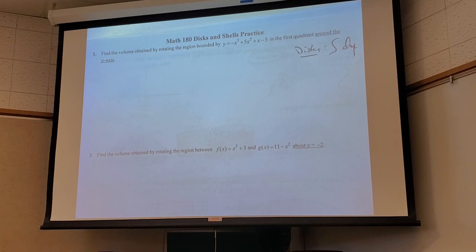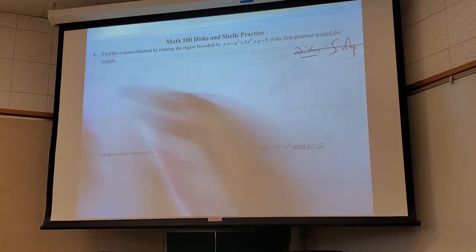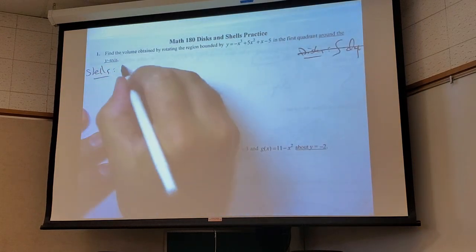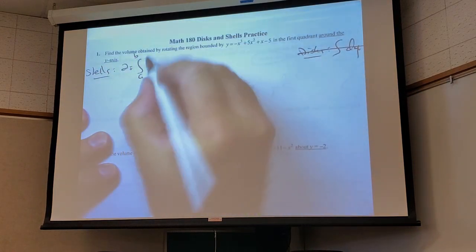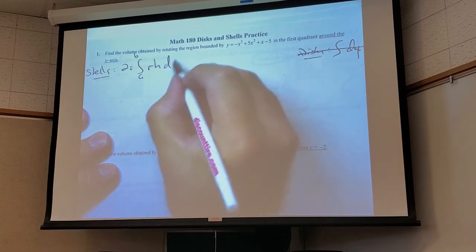So now that we know the other method, that doesn't mean I'm screwed. It just means I don't use discs. So now we've established shells, and we need dx. So shells is going to be 2 pi integral from a to b of r h dx.